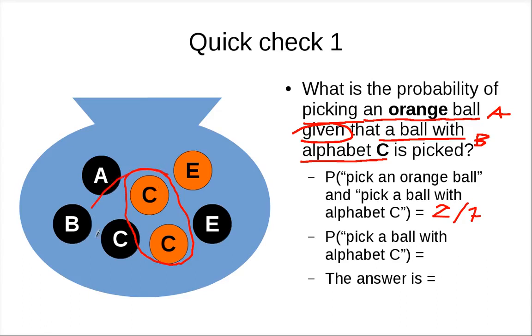These are the balls. So it's 3/7. So the answer is (2/7)/(3/7). So that's 2/3. This is the same calculation, but with the usage of the formula.